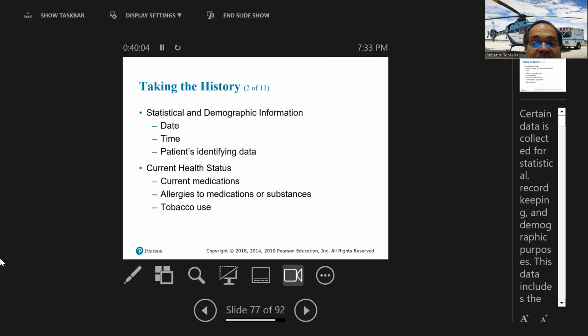Statistical and demographic information: date, time, patient's identity. The other thing that you might need to worry about is current health status, or current medications they might be taking, or allergies they might actually have, and whatsoever.